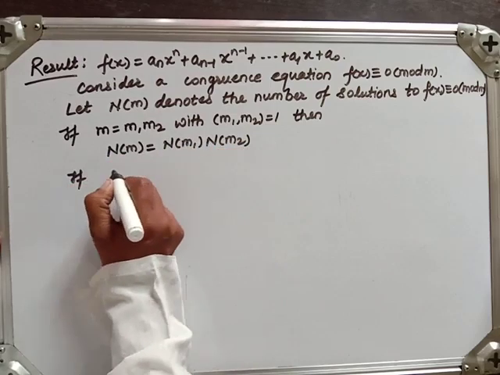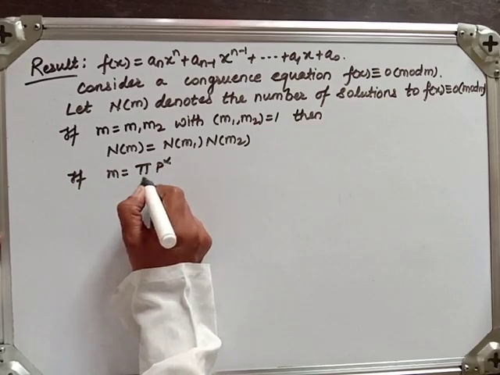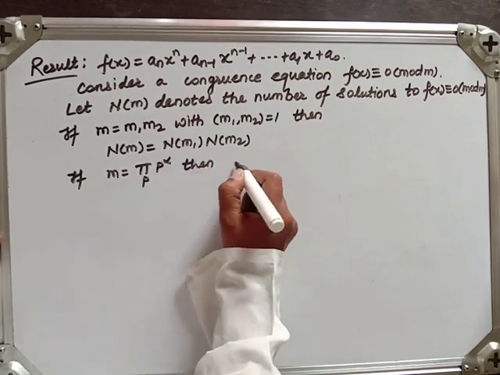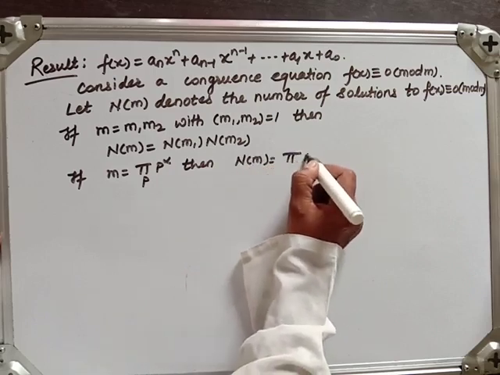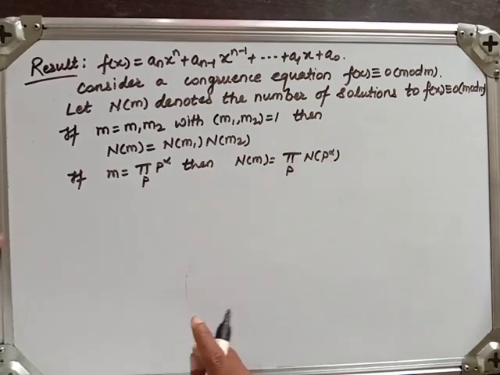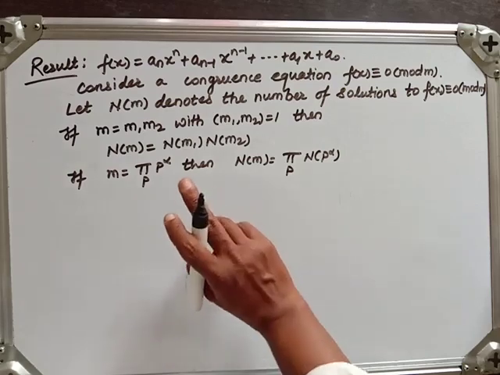If m is equal to the product of p raised to alpha over p, then n of m will be the product of n of p raised to alpha over p. So we have to memorize this result to solve examples on it.